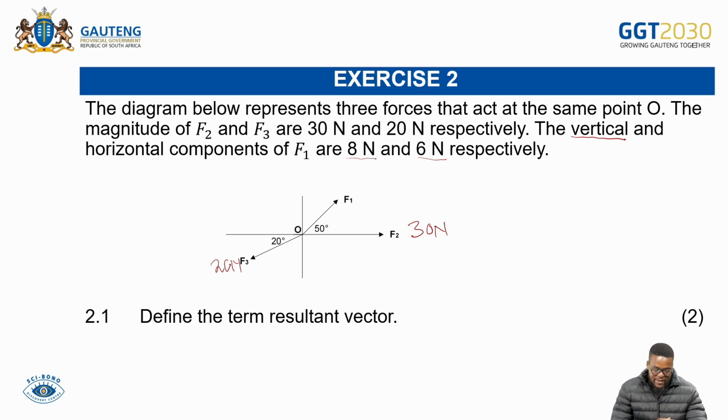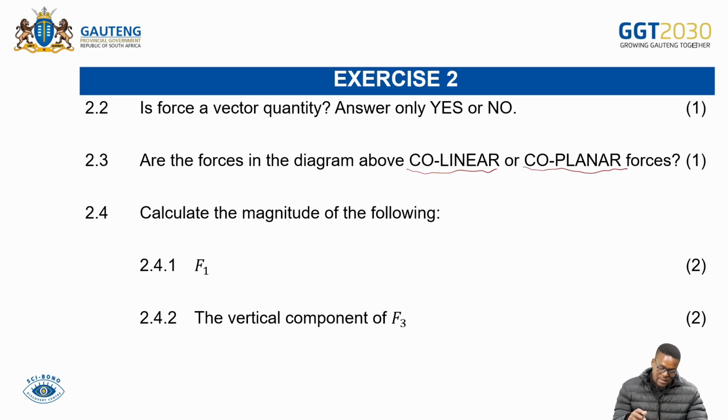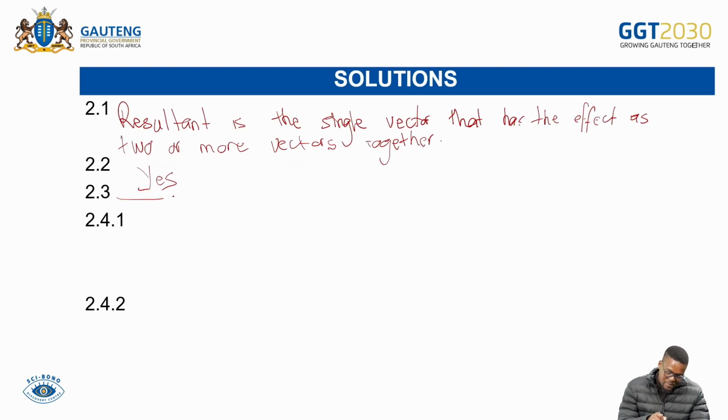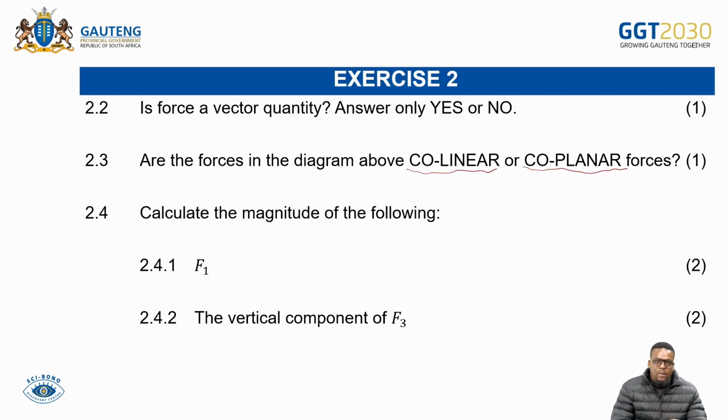And then you've got F3, which is 20 degrees, right? So are these forces collinear or coplanar? They are not from the same line, right? So by looking at these vectors, we can simply say they are coplanar.